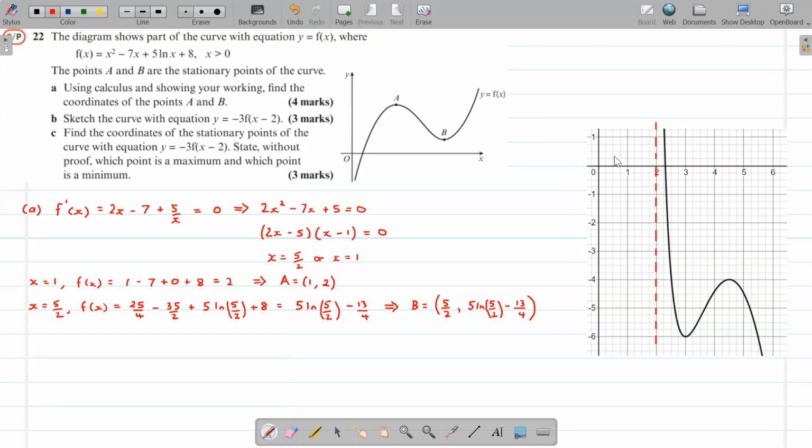I'm going to be doing C at the same time, but I'll just label this question B. Now what I've got to do is say, this coordinate has moved along 2 units to the right, so it was originally the point 1, 2, so it's now going to be the point 3, because it's 1 plus 2, and this was at plus 2, so it must now be at negative 6, because it's 3 times further away and on the other side of the x-axis. So the point A has moved to there.